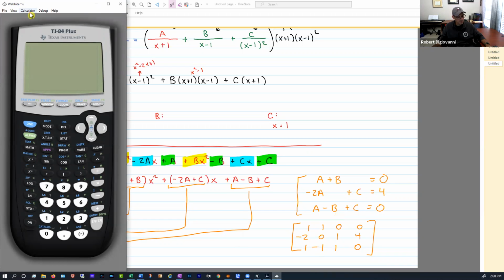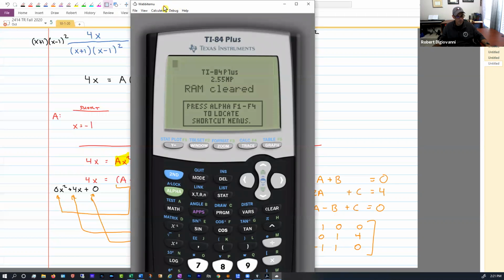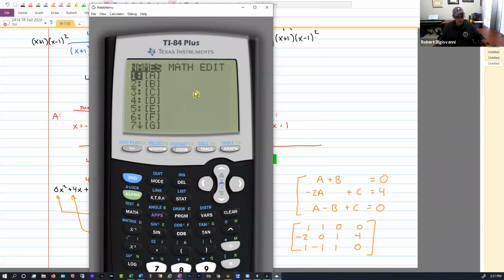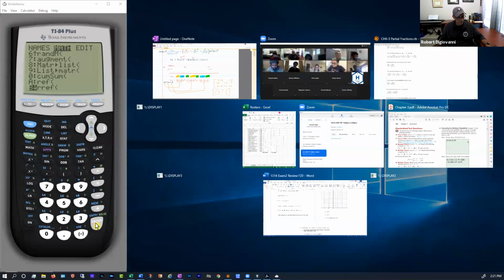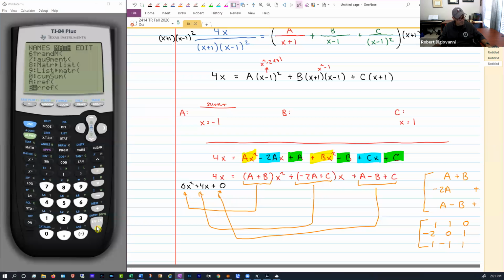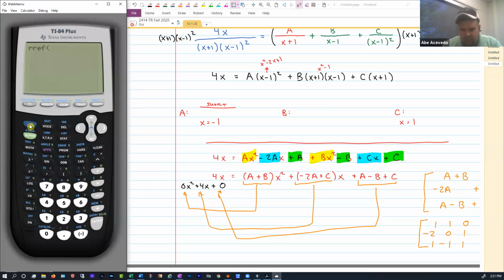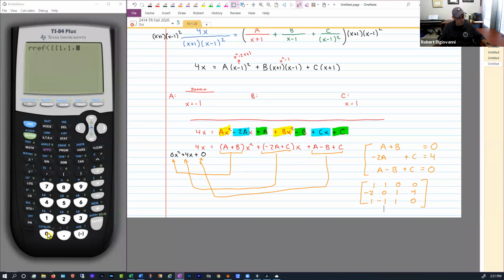Matrix, math, RREF. Start the matrix with a bracket, first row: 1, 1, 0, 0.